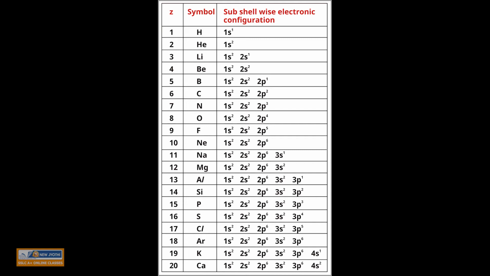So no problem so far regarding writing the electronic configurations, both subshell as well as shell-wise. Coming to the electronic configuration of potassium, it has atomic number 19: 1s2, 2s2, 2p6, 3s2, 3p6 and then 4s1.